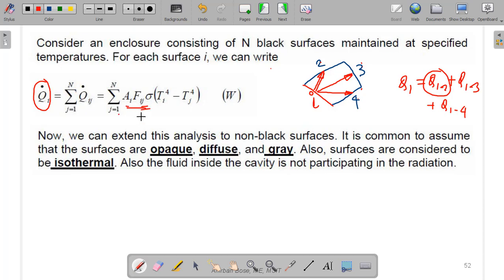In place of J, that is going to change from 1 to n. Here also you can consider Q1 to 1, the net radiation coming out from 1 to 1, because J is starting from 1. If it is a plane surface or a convex surface, this quantity might be 0.